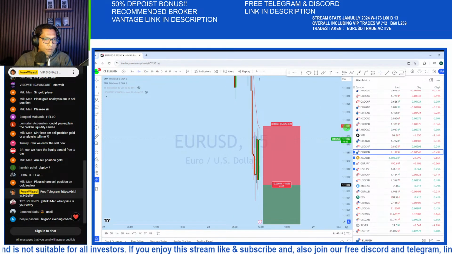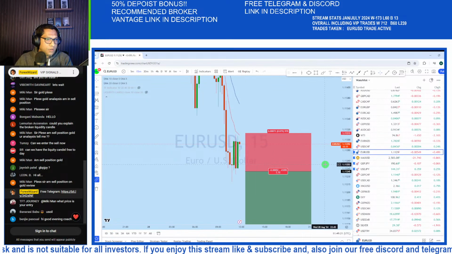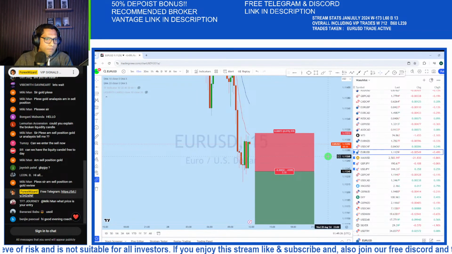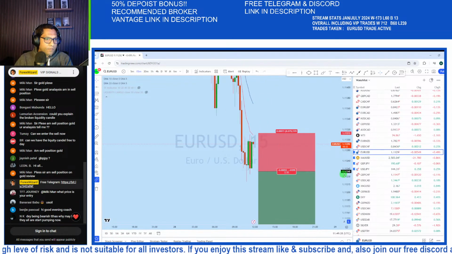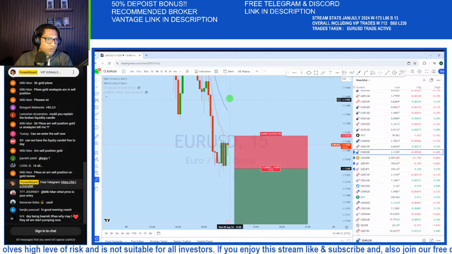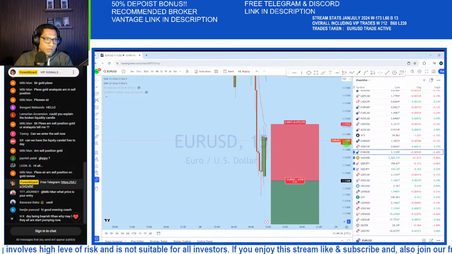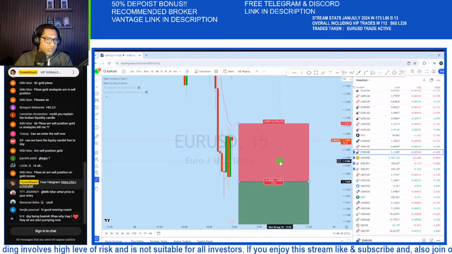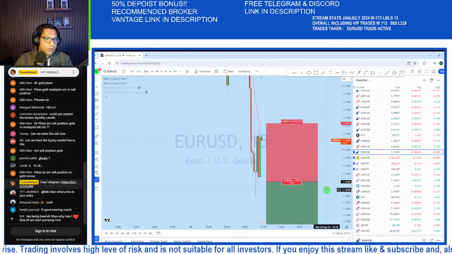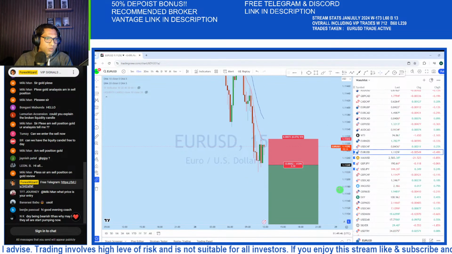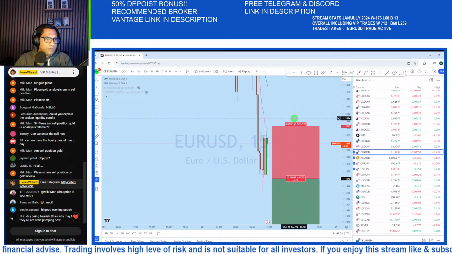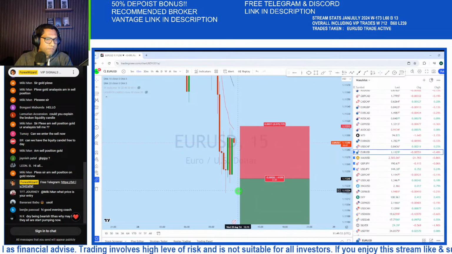So euro dollar might try to break this resistance, and you see the price is struggling to drop, so that means it might try to go up potentially. We have to wait to see either it's breaking below further, or we will be on the trade. We'll see what happens, or it might just keep moving down again.